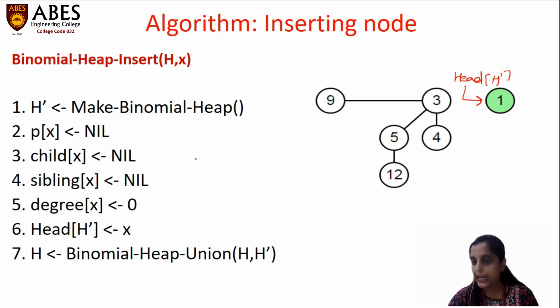There is no child of this node, there is no sibling of this node, and degree is also 0. Degree is 0 because there is no child node. After that, we have performed the binomial heap union operation between your existing binomial heap h and the new binomial heap that you have just created with the above algorithm, h dash.